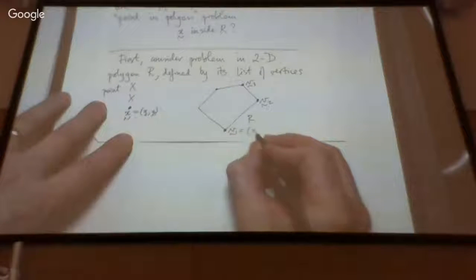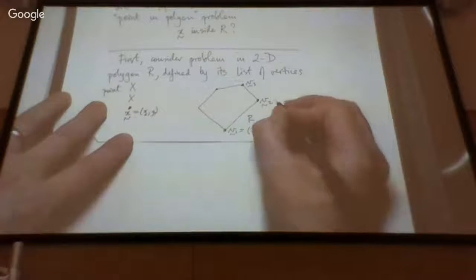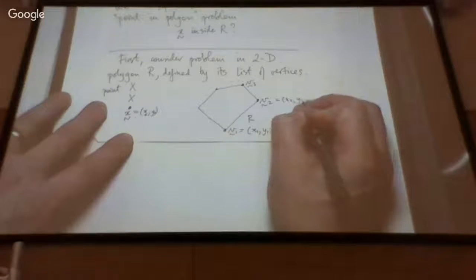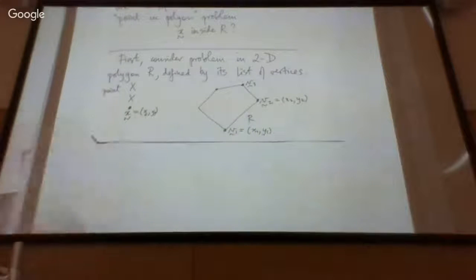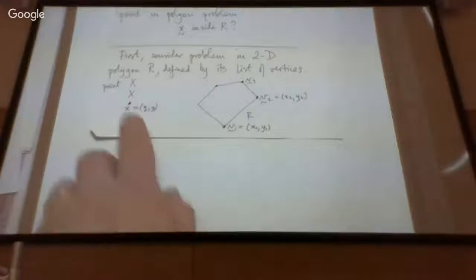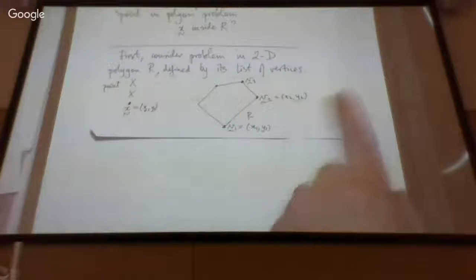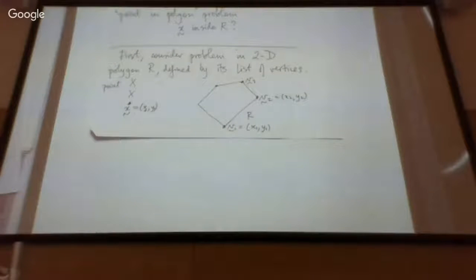And vector V you could think of as coordinates x1, y1, x2, y2, etc. We might need to refer to the individual coordinates. So what we want is some procedure that, given all these components, x0, y0, x1, y1, x2, y2, etc., will just answer inside or outside. It tells you whether this x is in there or outside.